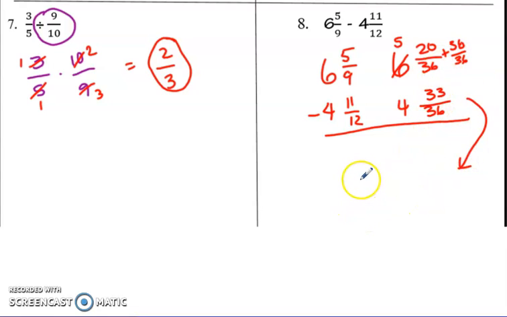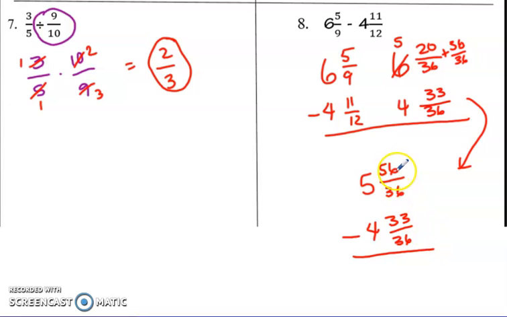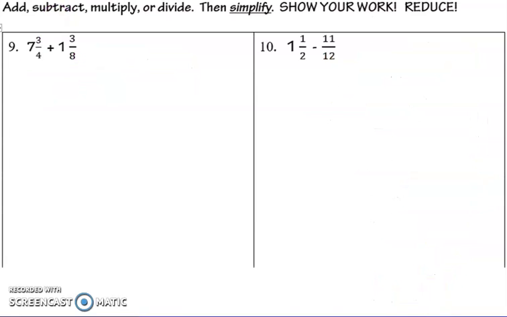This is going to be 5 and 56/36 on top, and 4 and 33/36. Now I can do some subtraction. This is great. I get a 3 on top, and I get 23/36, and then 5 minus 4 is a 1. There's nothing else I can do to reduce that one.